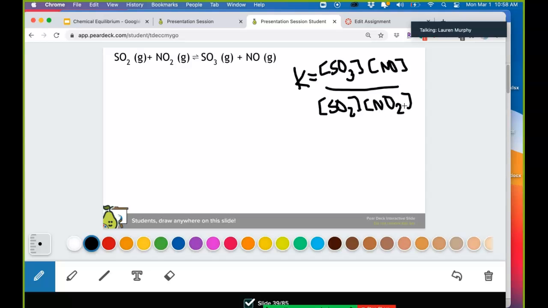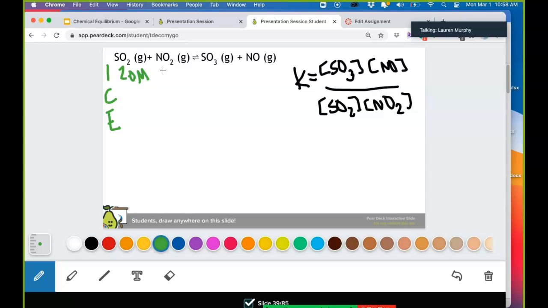And everything is 1 to 1 to 1, so that's really nice, right? So let's set up an ice chart. Why? Because I have initial values and I also have one equilibrium value. So 2 moles divided by 1 liter is 2 molar.